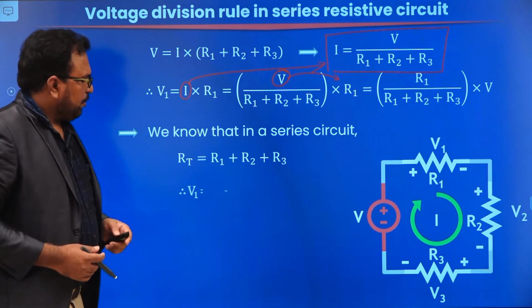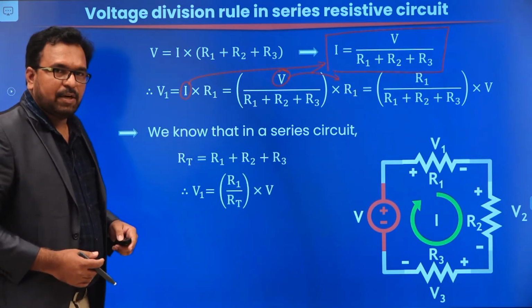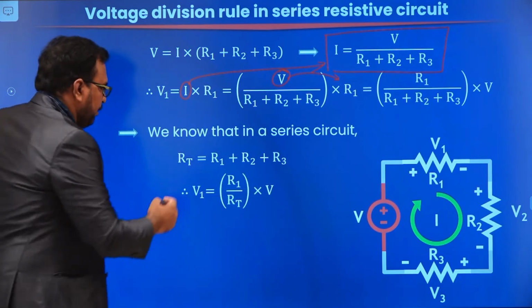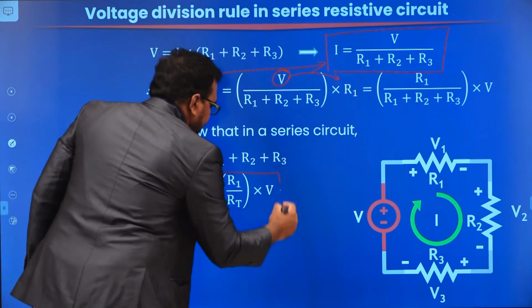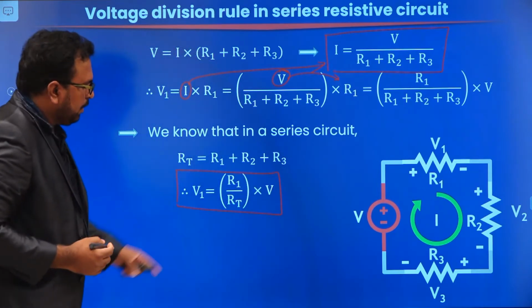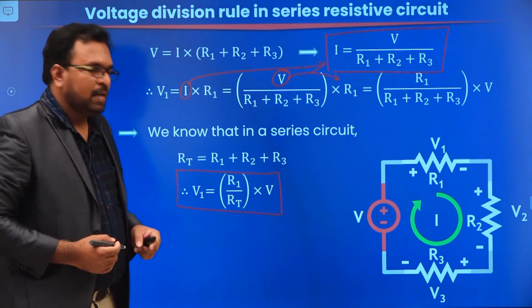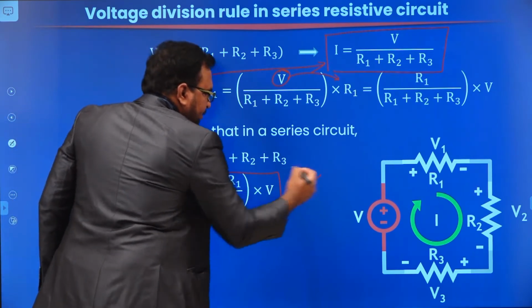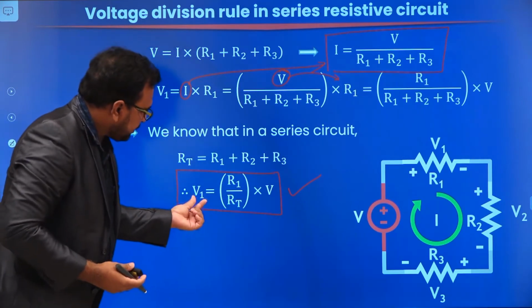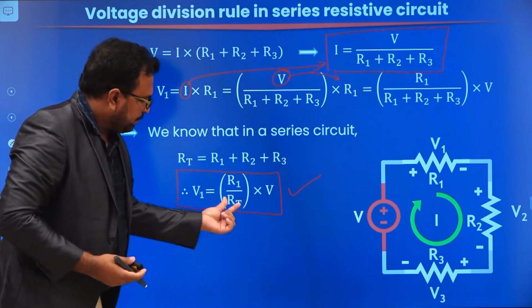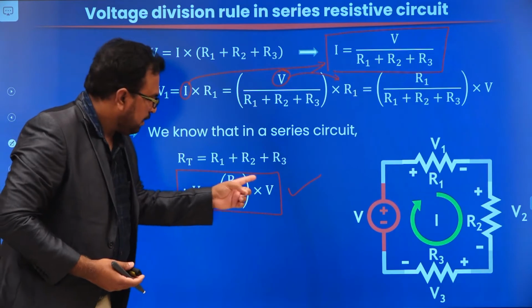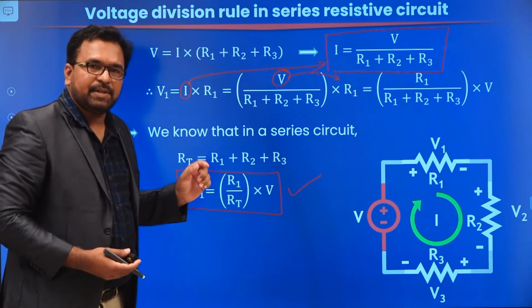Replacing R1 plus R2 plus R3 with RT, we get V1 equals R1 divided by the total or equivalent resistance, into the total voltage. This is called voltage division. The voltage across a resistor can be obtained in terms of the resistances and the total voltage across the series combination.